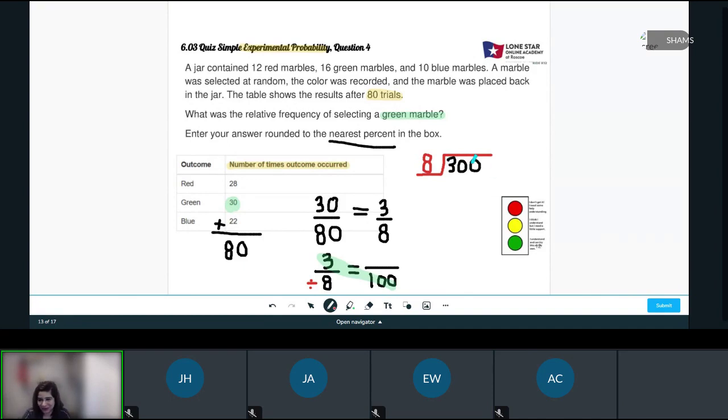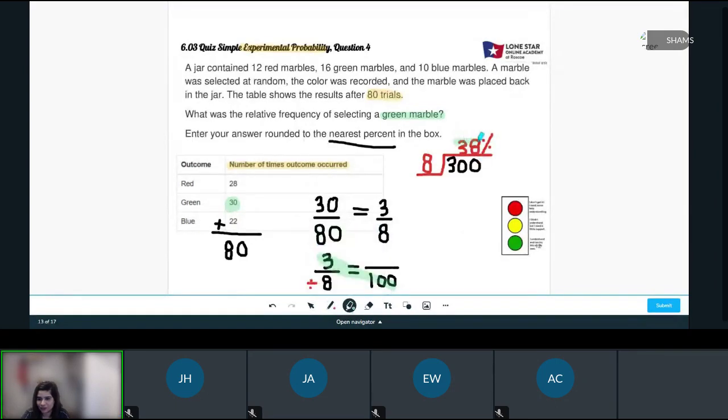But here you do 300 divided by 8, you get 37.5. And because they want the nearest percent, nearest whole number, the answer is going to be 38%. The question says nearest whole number, so that will end up being 38%.